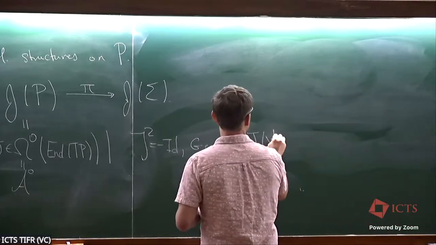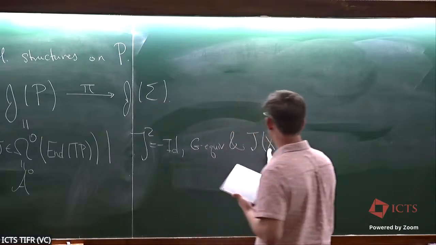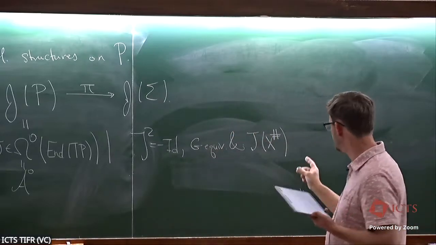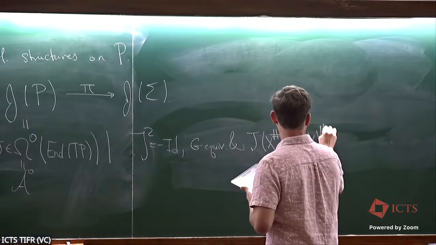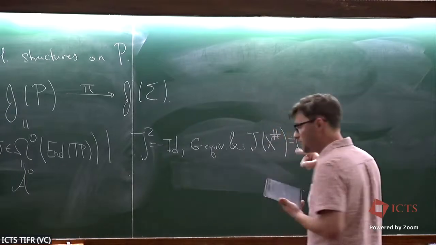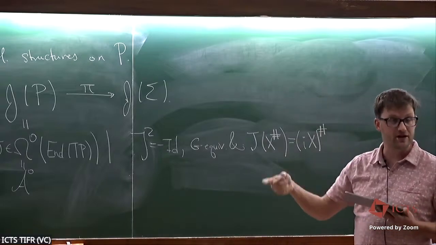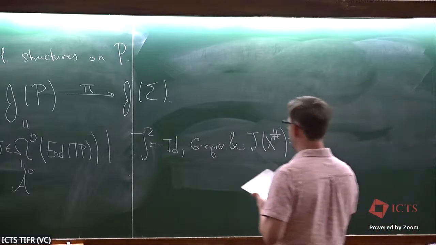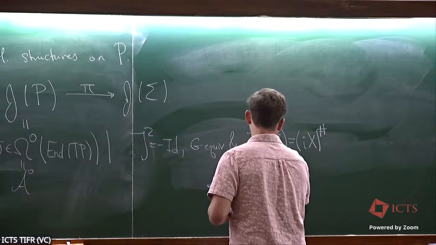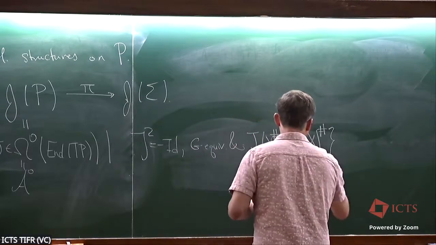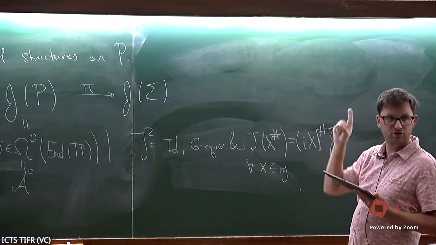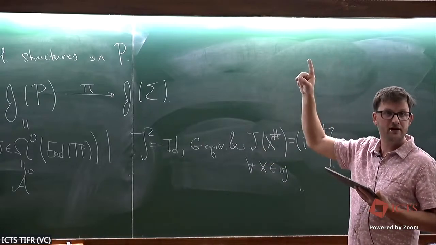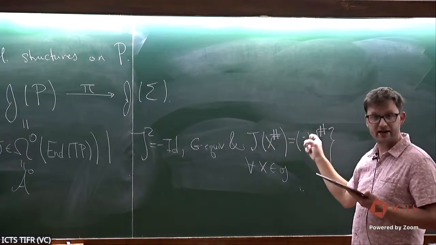I say J of X sharp, on the vector field induced, okay, let me just write it first. And the complex structure on the Lie algebra, of course, is multiplication by i. This is for all X in the Lie algebra. So this says the way it acts on a vertical tangent vector is by multiplication by i.